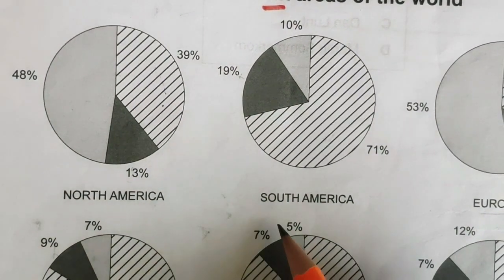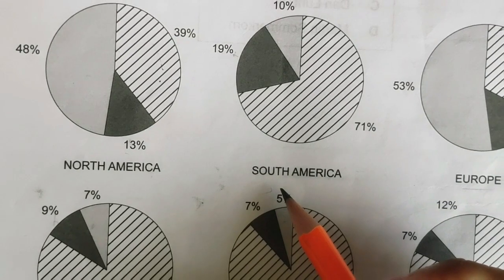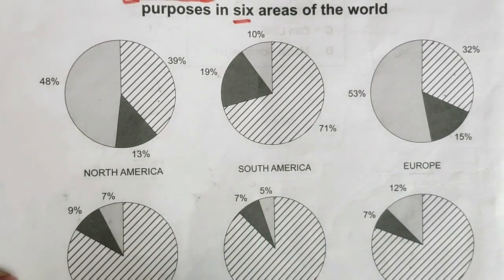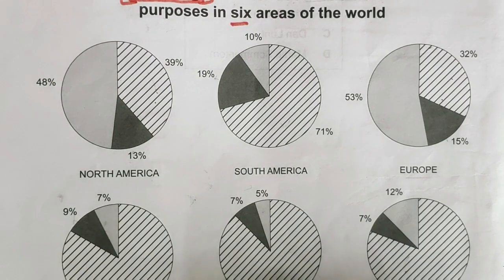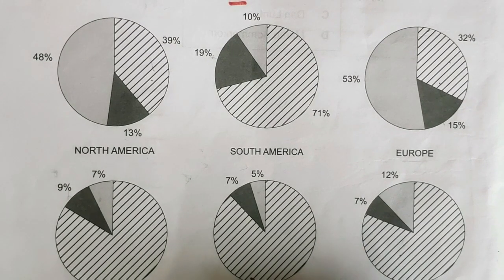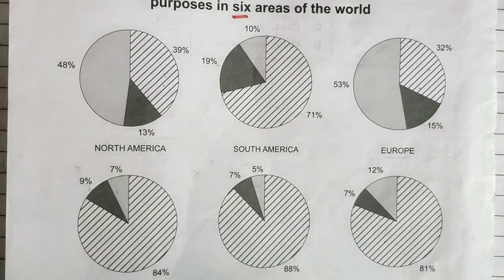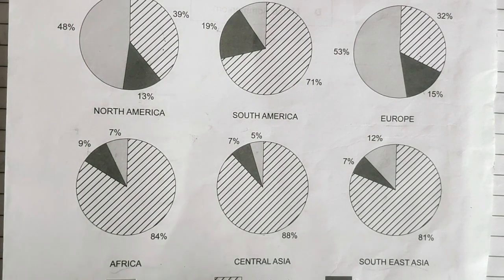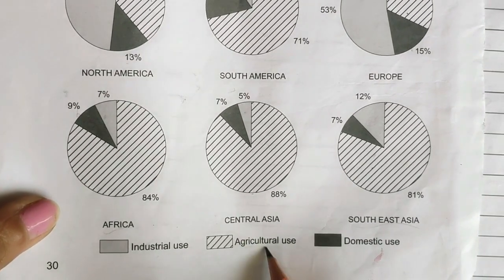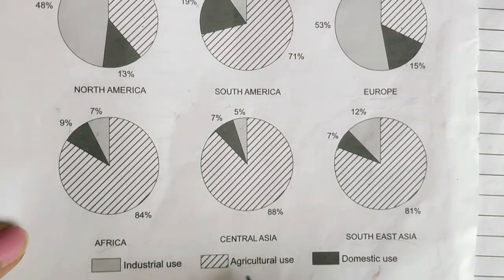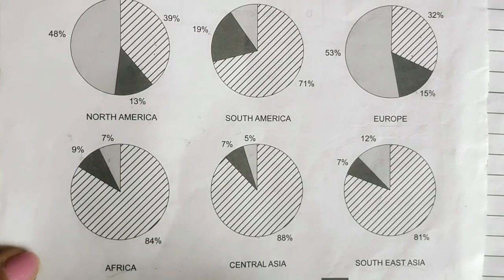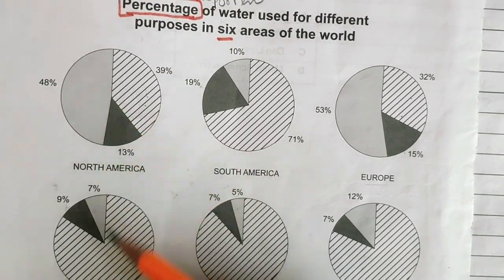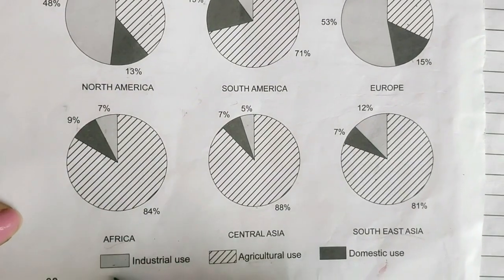So first, just give me a second. How are we going to analyze the things in these pie charts? Yes, so easily now we can see all the parts. First, industrial use, agricultural use, and domestic use. Let's look at the trends for industrial use. Dark gray color is the industrial use.